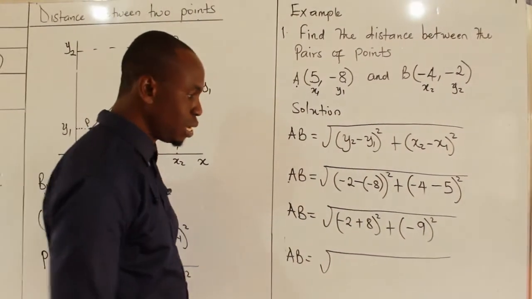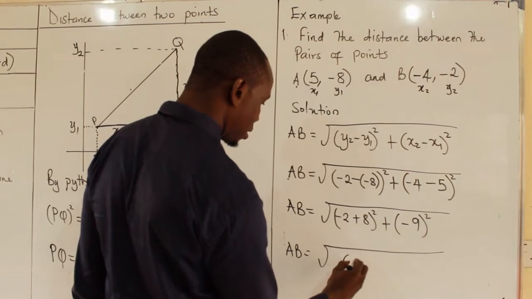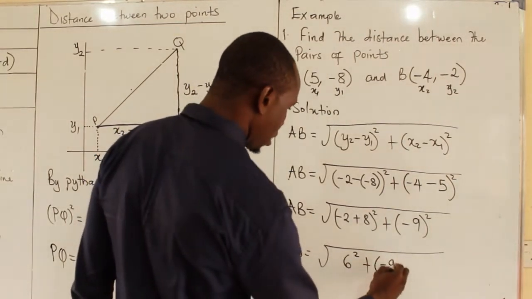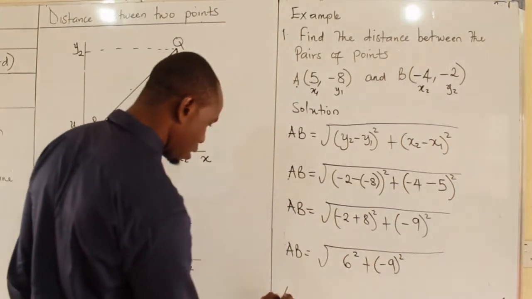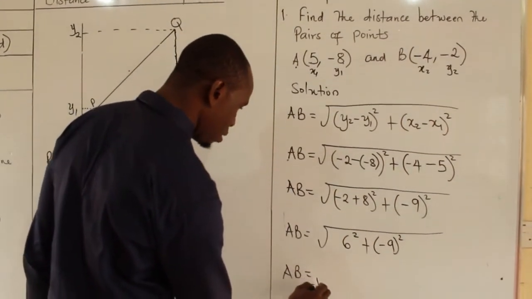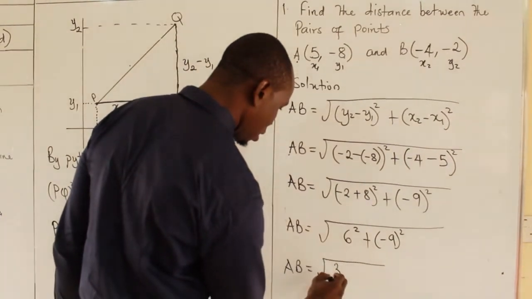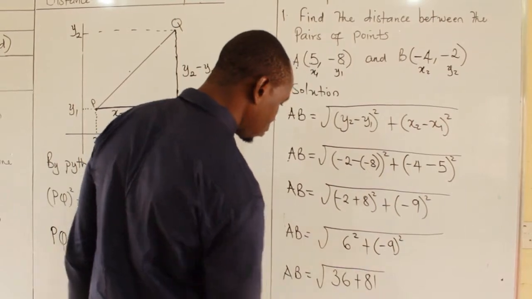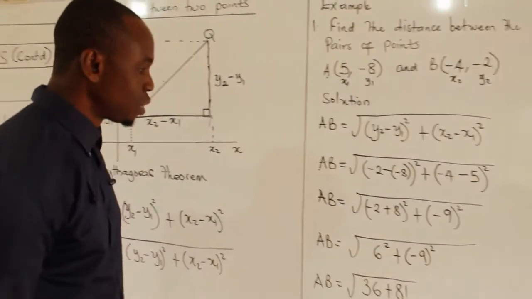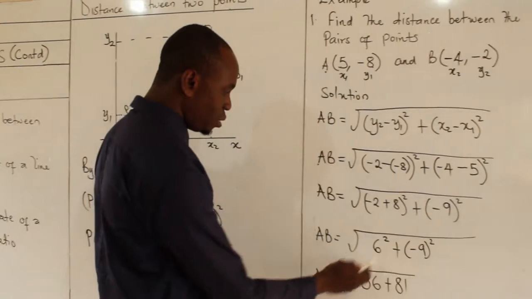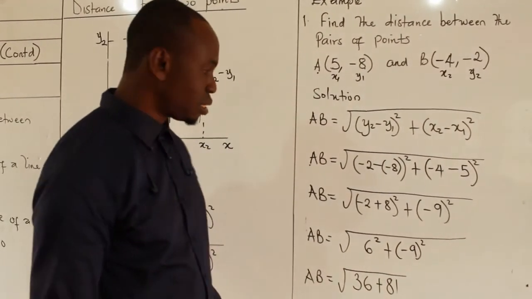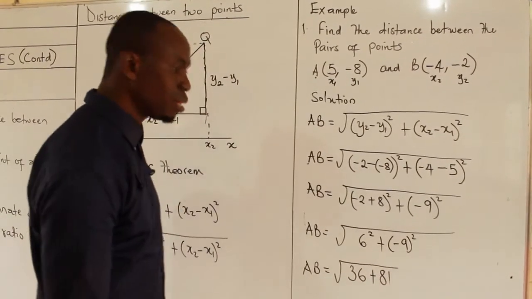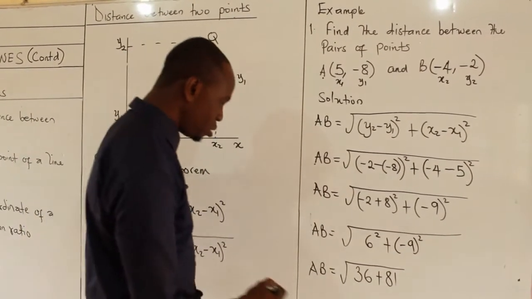Minus 2 plus 8 is 6, while minus 9 squared is still there, and AB is square root of 36 plus 81, knowing that 6 squared means 6 times 6, which is 36, and minus 9 squared means minus 9 times minus 9, which is 81.